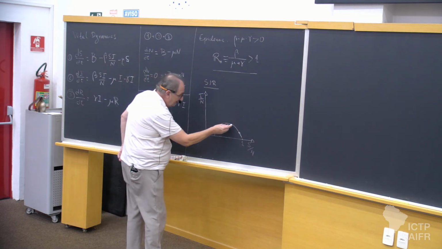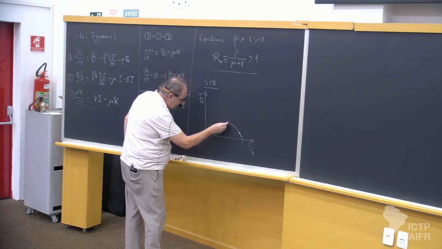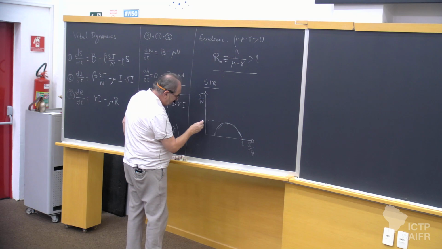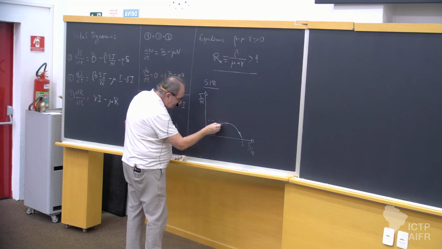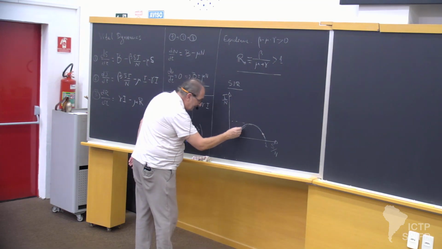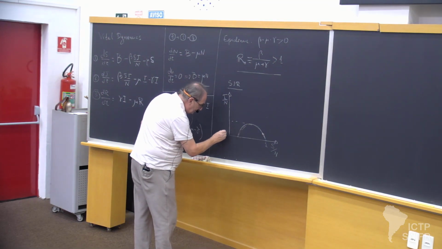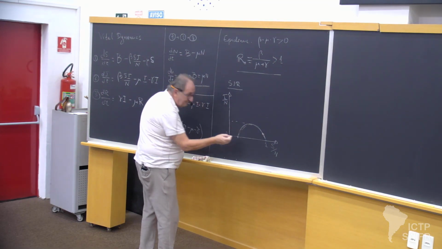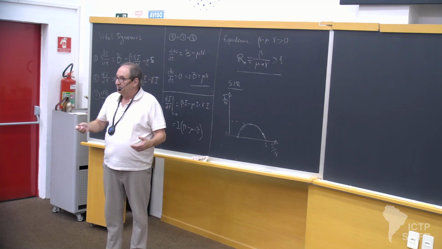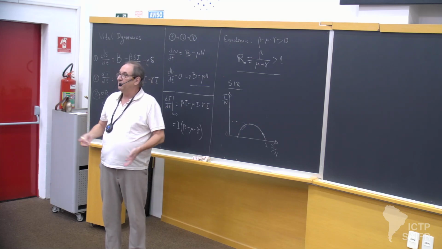And then you go down. At a certain point, you have the peak of I, which will be at this value. And then you decrease I, and S continues to decrease until you get I equal to 0 here. And I have the population of susceptibles that remains susceptible at the end.